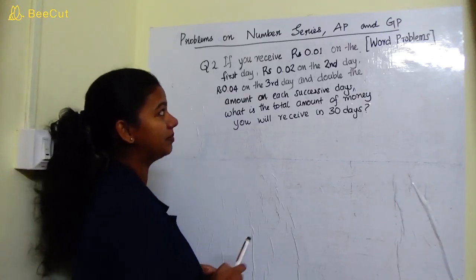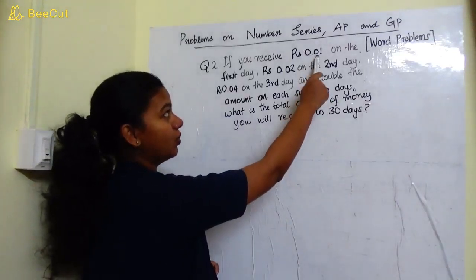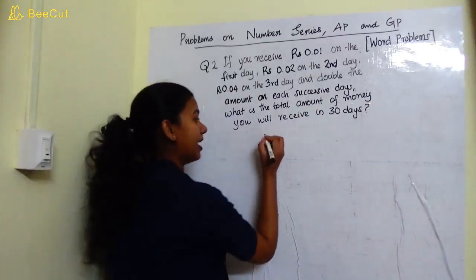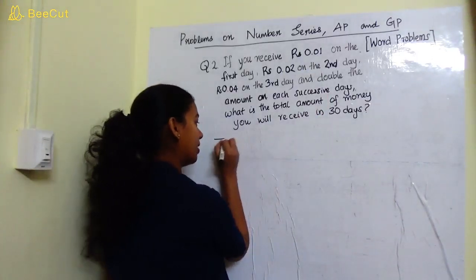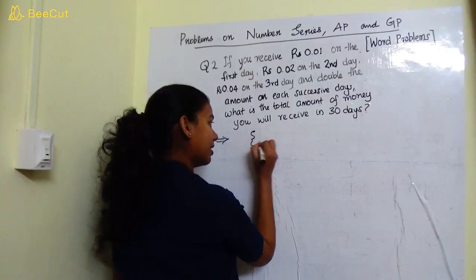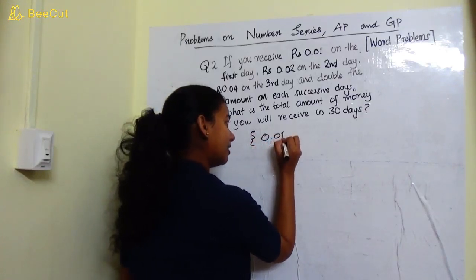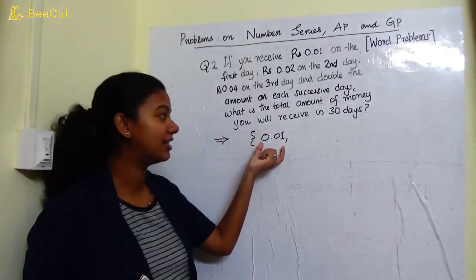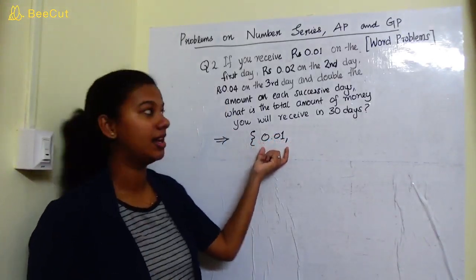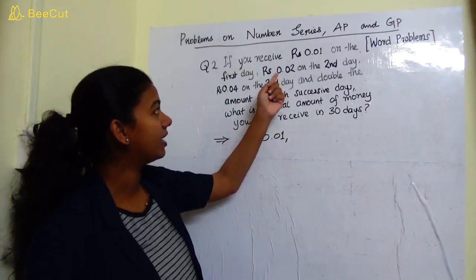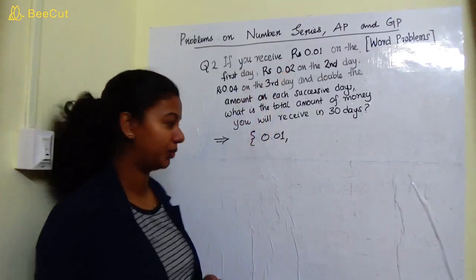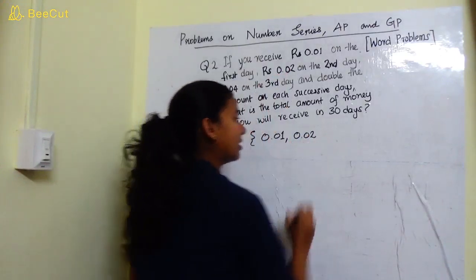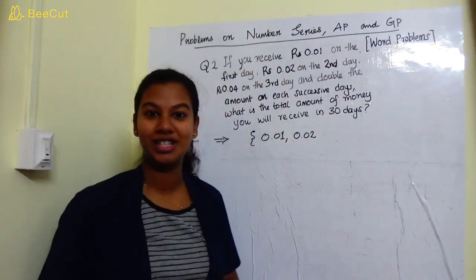The first term, this is the first day. You will get rupees 0.01. So I write the sequence will be 0.01. This will be the first term. This is the amount you get in the first day. What about the second day? Rupees 0.02. So the second term will be rupees 0.02.